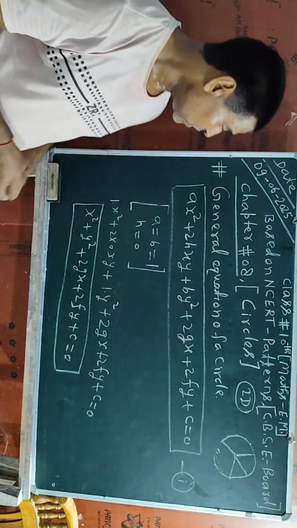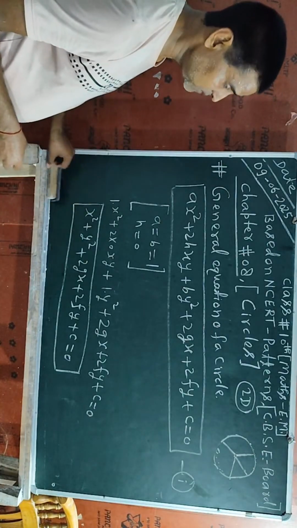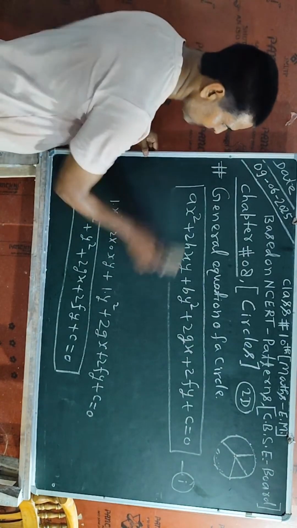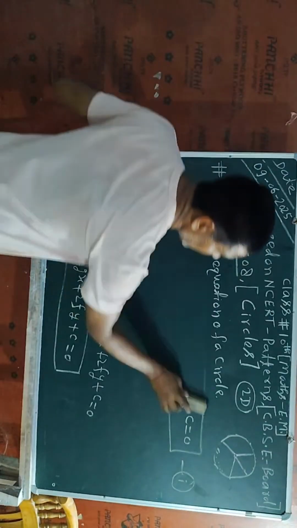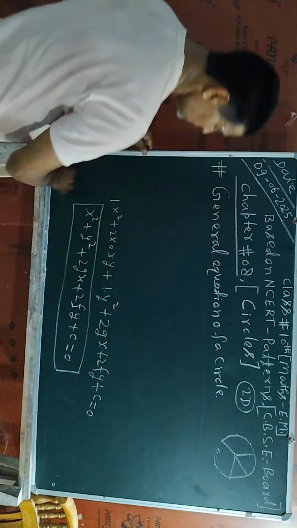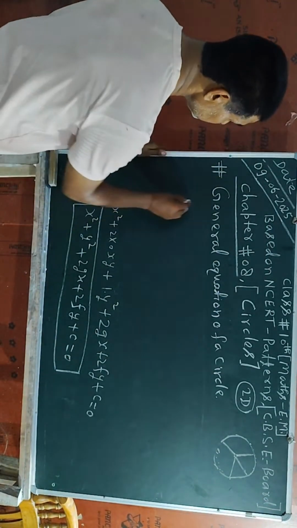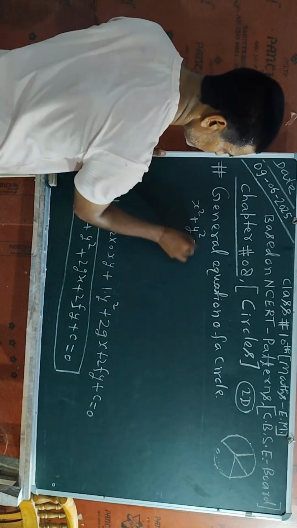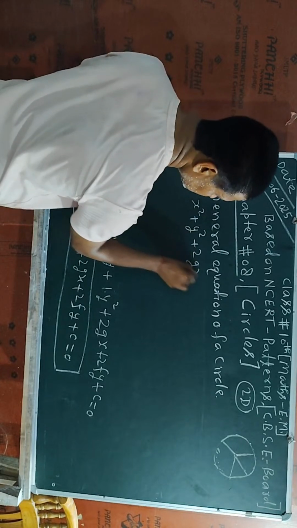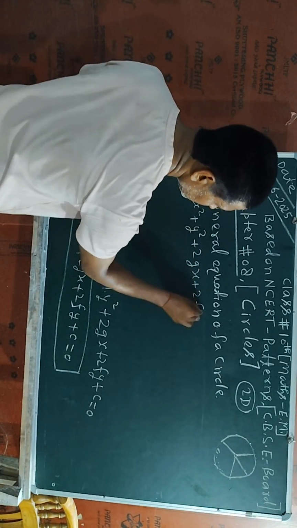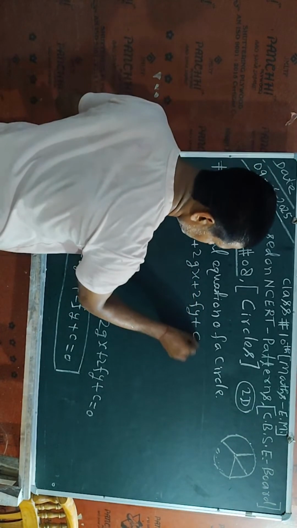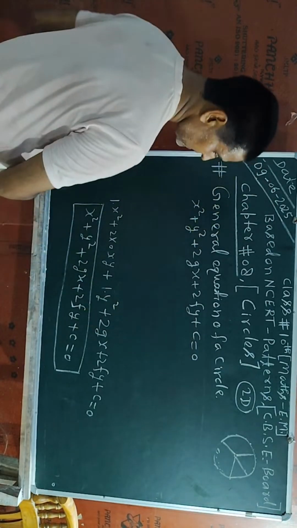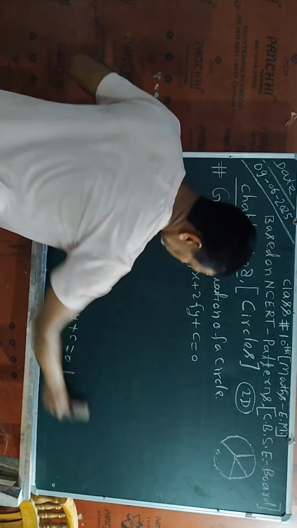Okay student, now I am going to erase the above part. After erasing, I will write the center and radius of the circle. Now I write this equation: x square plus y square plus 2gx plus 2fy plus c. From this equation I have to find the center and radius of the circle.